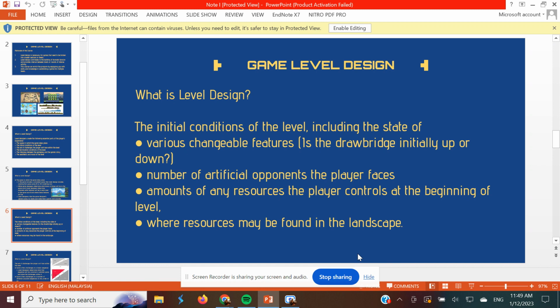So this is what the player controls at the beginning of the levels, where resources may be found in the landscape, as I said, such as they can hunt for animals, they can go hunt for fish in the oceans and sell the fish, so that they can get more weapons or learn more stuff from the other NPCs.